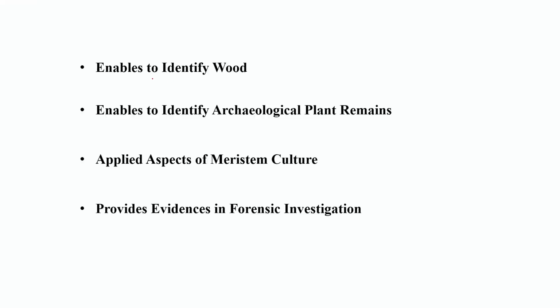Now it could also be used to identify wood. We have discussed that different qualities of wood exist based on the presence or absence of vessels, how the vessels are organized, whether they are scattered or grouped together, then the presence of parenchymatous tissue attached with the vessels, and then the pits. All these factors are useful in identifying the wood and finding out its quality.